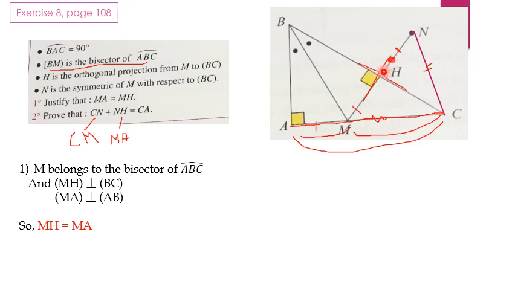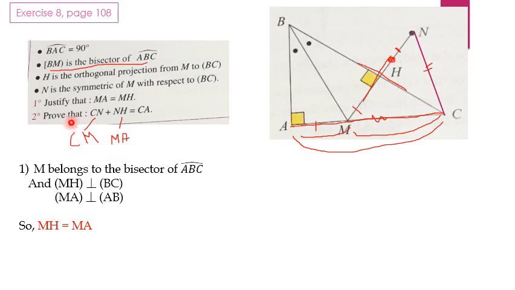Again, given that this line BC is perpendicular to MN at its midpoint, how do I know that H is the midpoint? Since N is symmetric of M with respect to H, that means that H is the midpoint. So now BC is the perpendicular bisector of MN. Then I can say that C is equidistant from both extremities of MN. So CN equals CM.